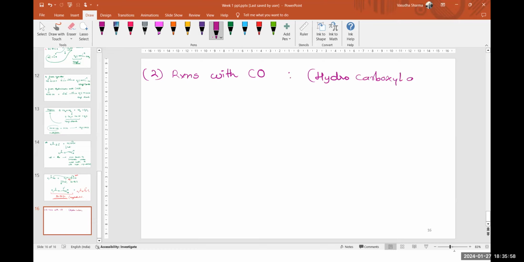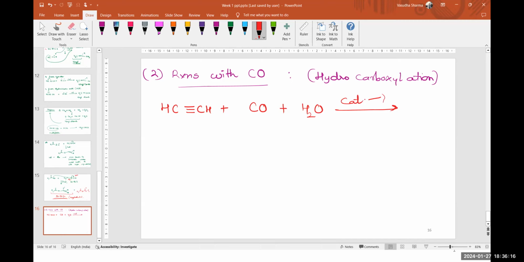So if I am having acetylene in presence of carbon monoxide and water, and the catalyst mentioned is nickel bromide and copper iodide, it will give us H double bond CH, C double bond O, OH.